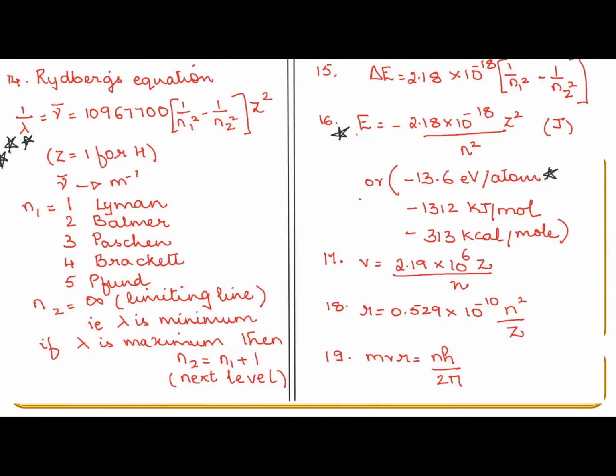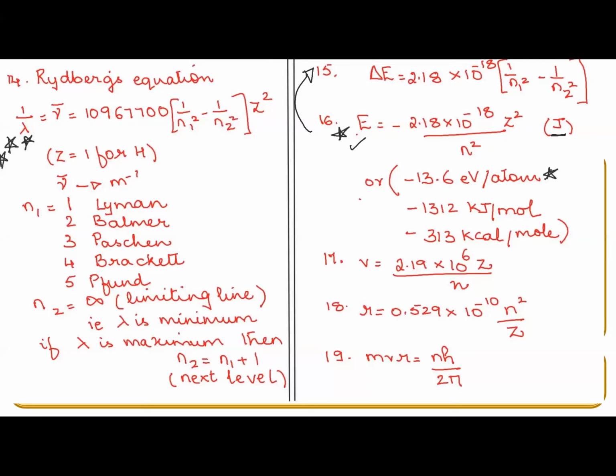Okay, going next, we have one more. Sorry, this should have come before this, because first we learned this. Energy is minus 2.18 into 10 raised to minus 18 Z square by n square, and this energy value comes in joule. But now you can also express this in different terms. You need to memorize these.